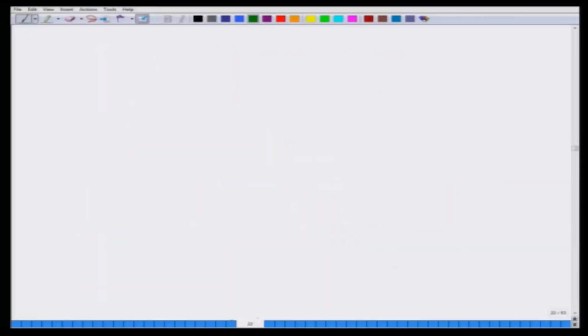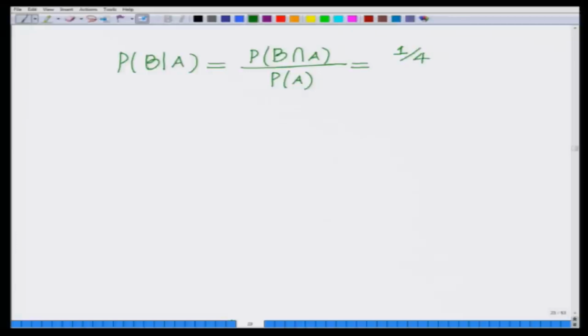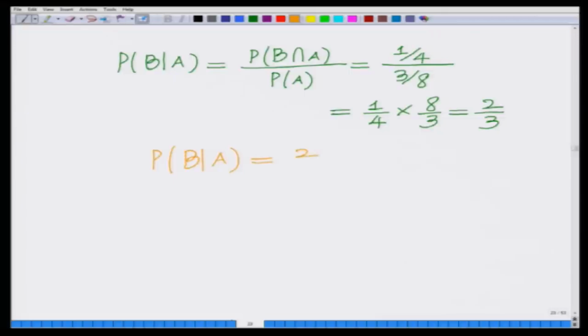And therefore, the probability of B conditioned on A is simply the probability of B intersection A divided by the probability of A. This is equal to 1 divided by 4 divided by 3 divided by 8, which is equal to 1 by 4 into 8 by 3, which is equal to 2 by 3.